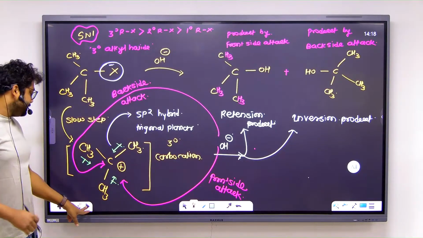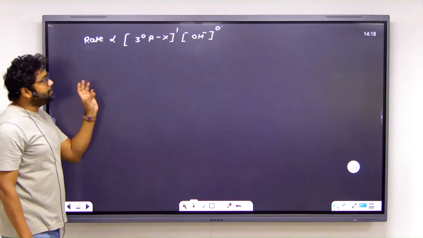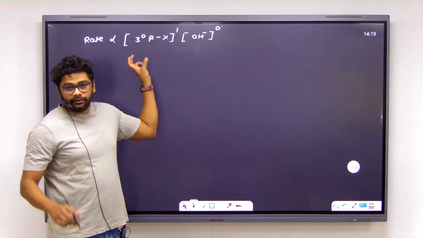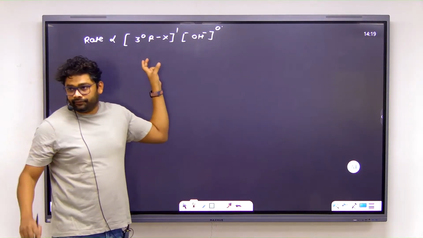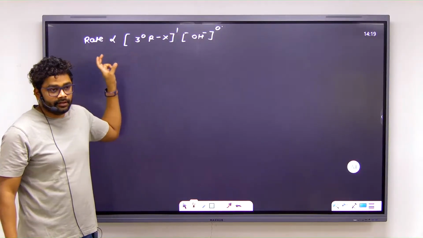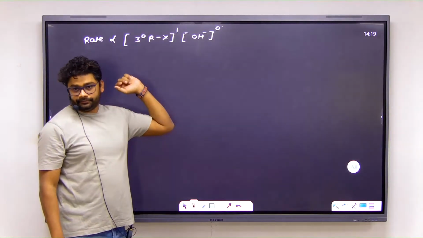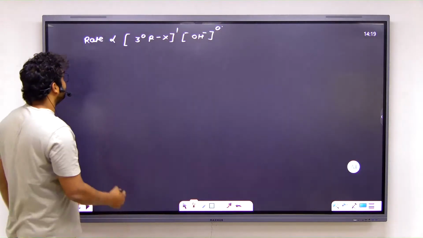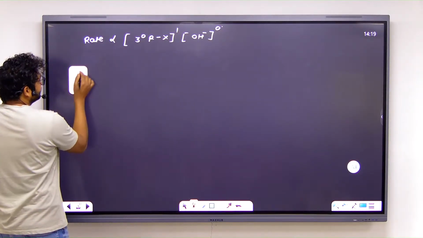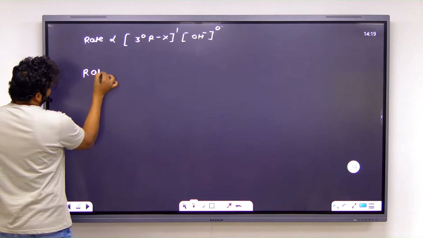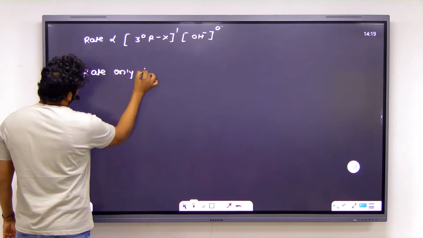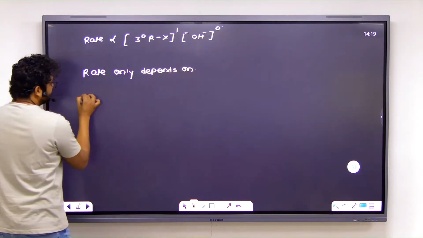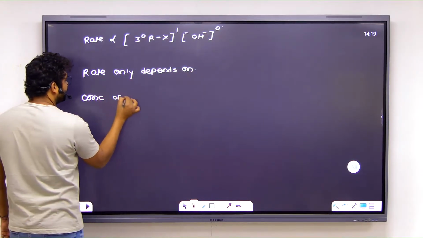So this reaction forms the product based on the concentration of reactant only, and only one reactant is involved in the formation of the transition or intermediate step, right? And there is no role of nucleophile, and that's why the rate of reaction only depends on the concentration of alkyl halide.